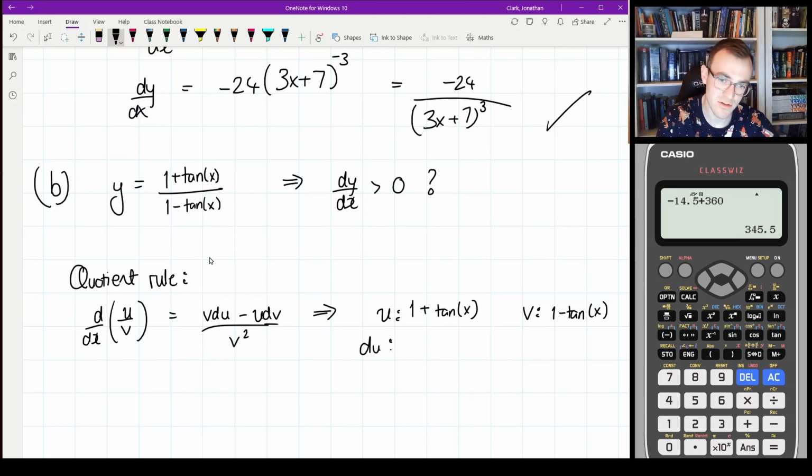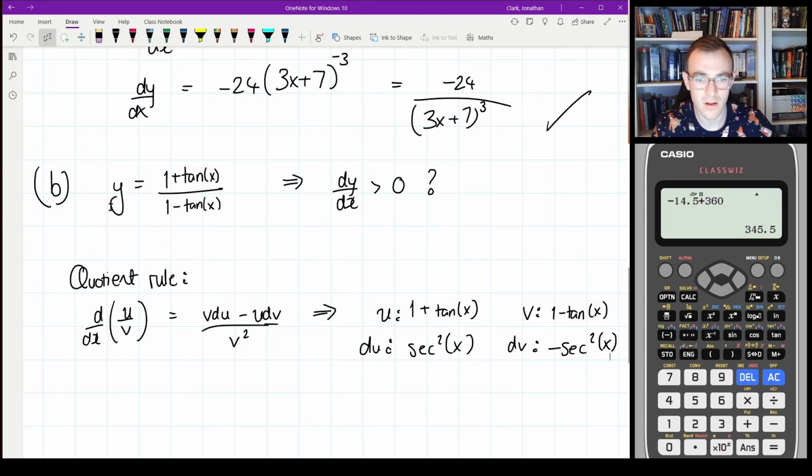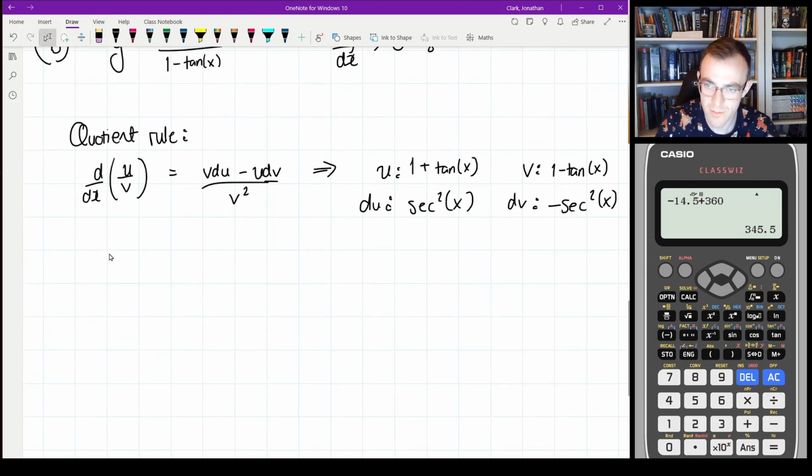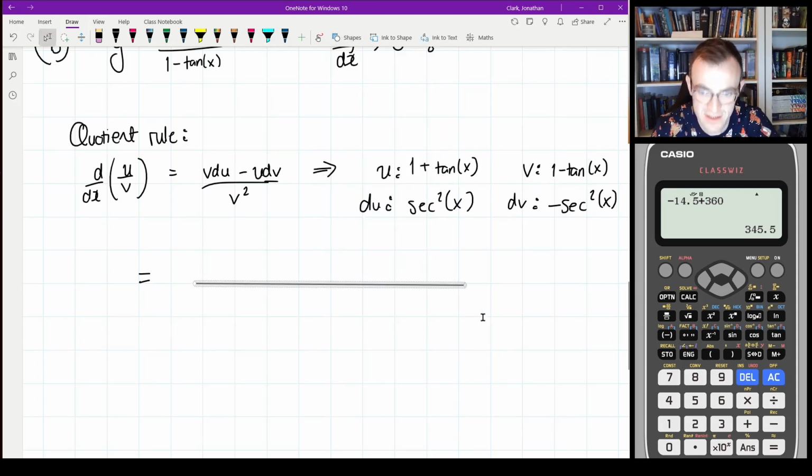And du, so tan differentiates to sec squared, and minus tan differentiates to minus sec squared. Okay, so putting this into the quotient rule, I'm going to draw a straight line to make this look half decent.